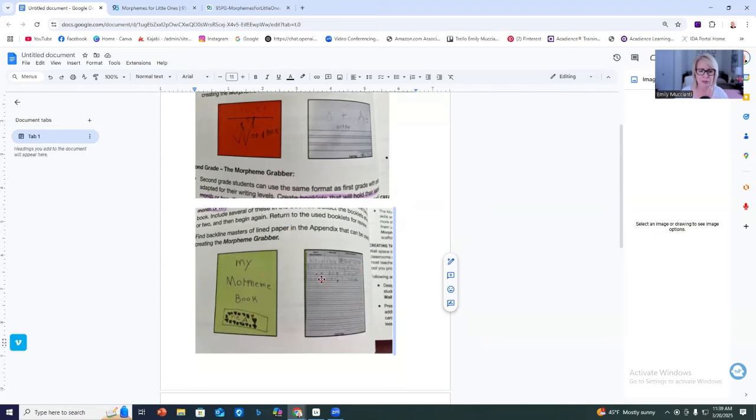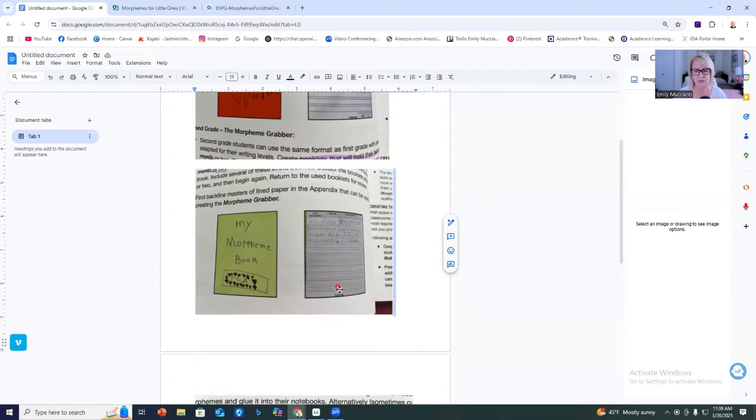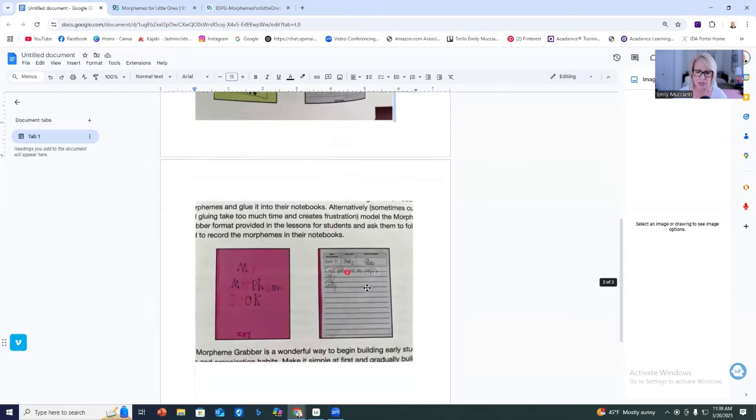When we get into level 2, it's a larger size booklet that is created, and I'll show you this also. There is a component where you actually get to box and break apart the morphemes, and you can see here the page is still having that dotted line in the center, but as the kids grow and get more mature, we can see that the size of the line changes and the boxes for the actual morphemes change as well.